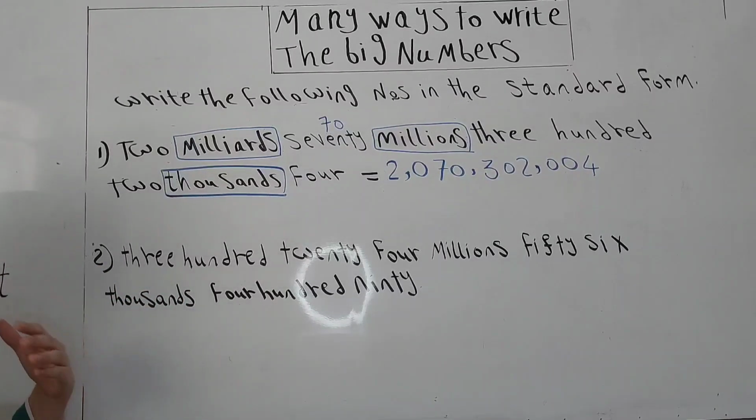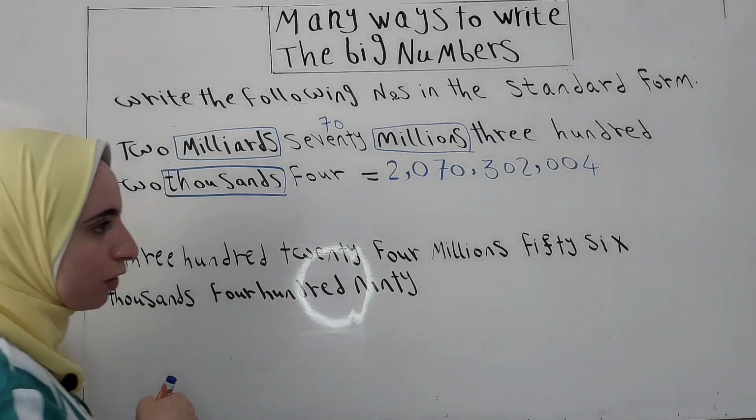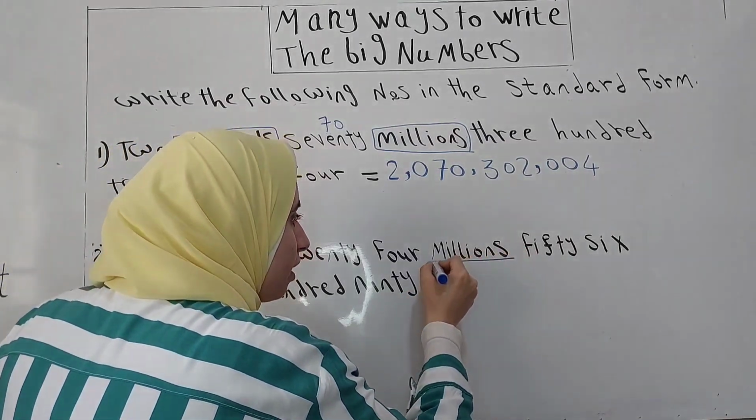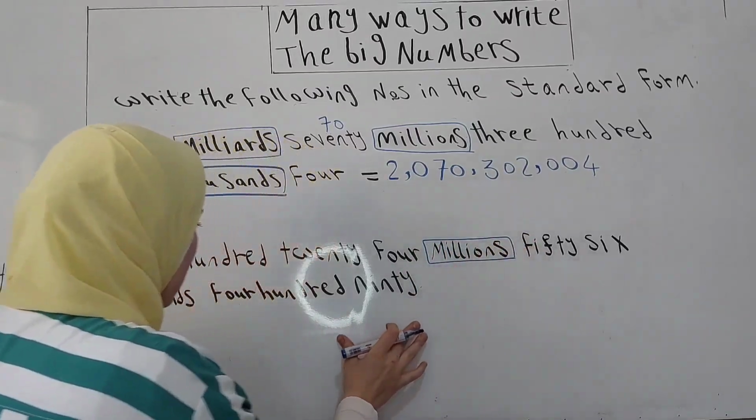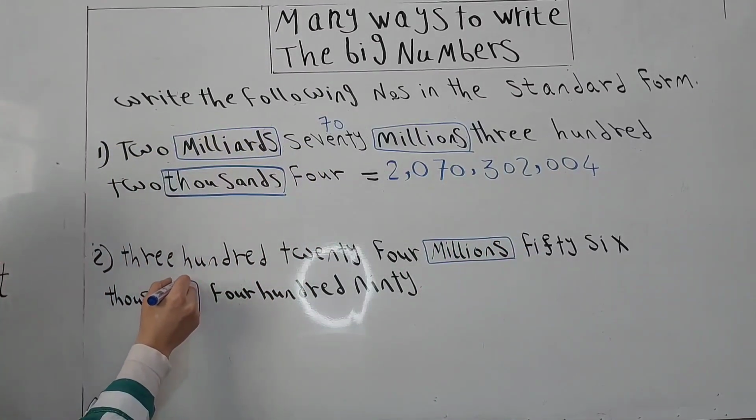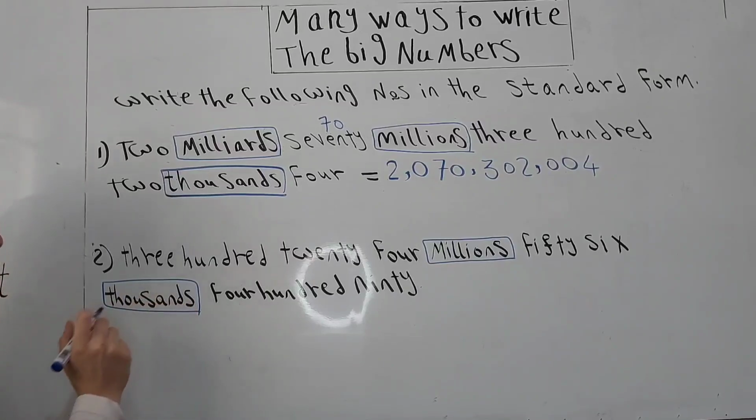When we have numbers in the word form, circle the name of each family. We make a circle on millions and on 1000. Now, we start from the left.